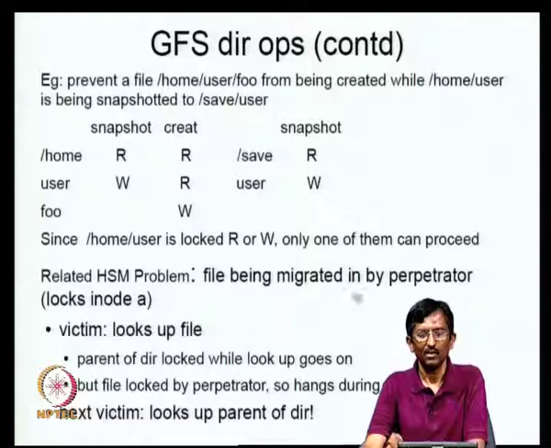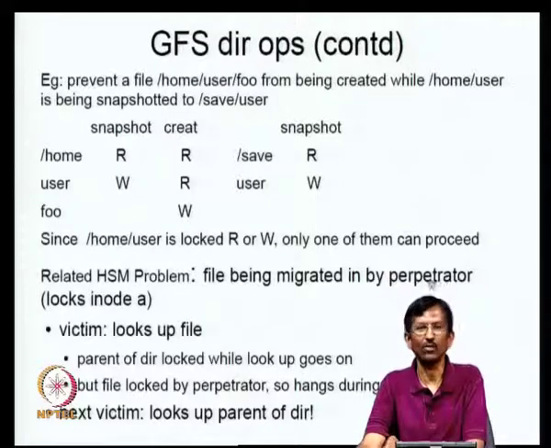Okay. So suppose somebody migrates a file. There is already a file in the tape, and now you want to migrate it into the disk. The party who is doing this is what we call the perpetrator. This is the one who is going to bring it into the disk.